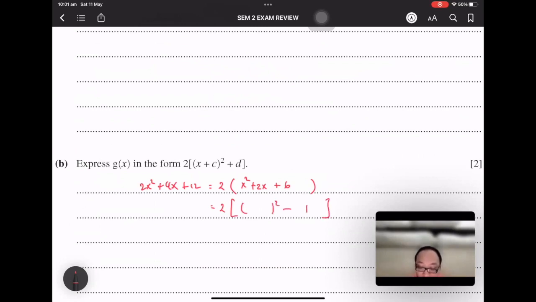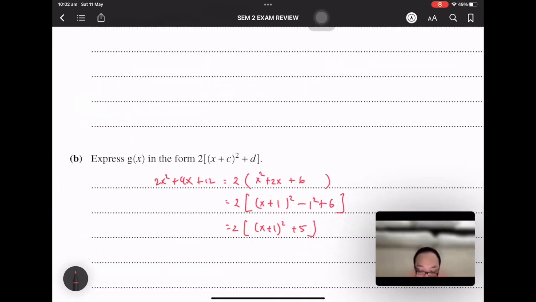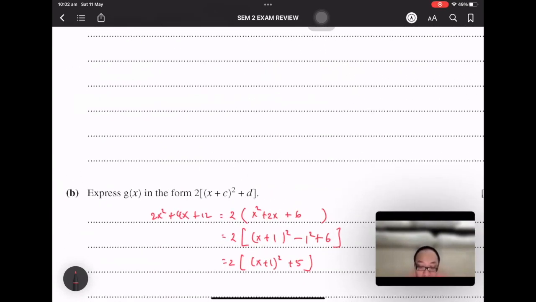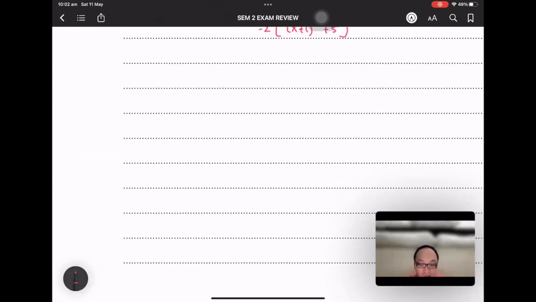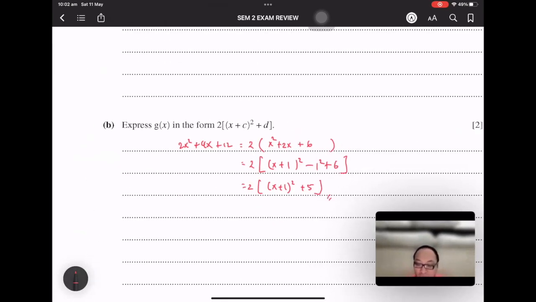Don't forget the minus. So x squared plus 2x becomes (x plus 1) minus 1 squared. So it's 2 (x plus 1) squared minus 1 plus 6, which equals 2 (x plus 1) squared plus 5. Okay, so yeah, we have the same form.